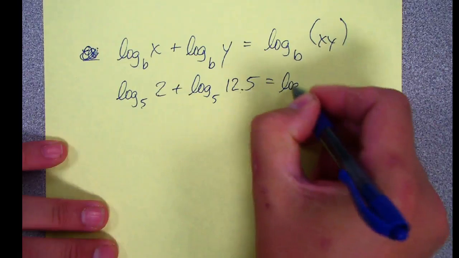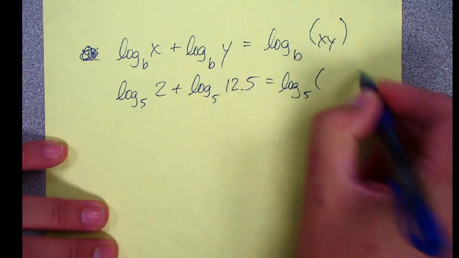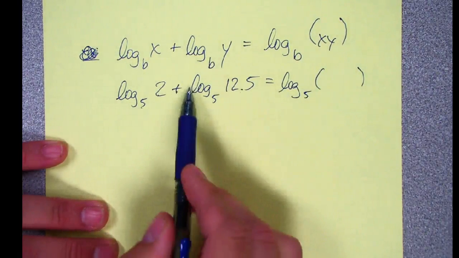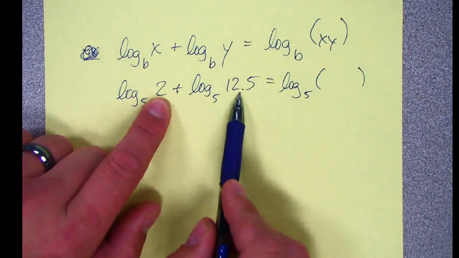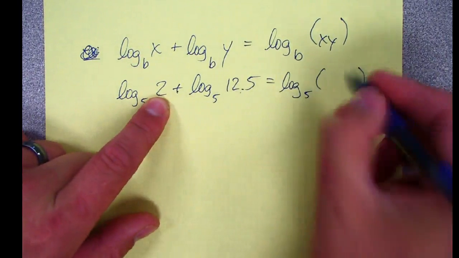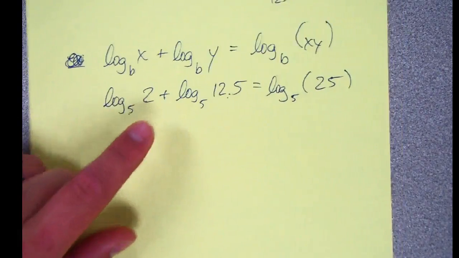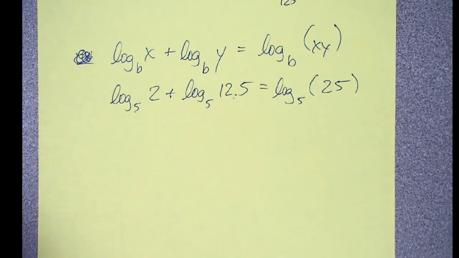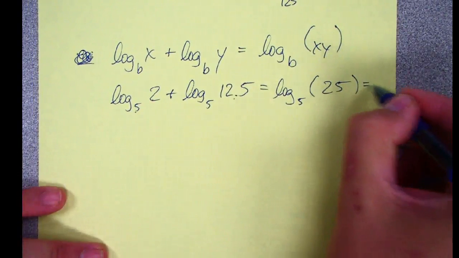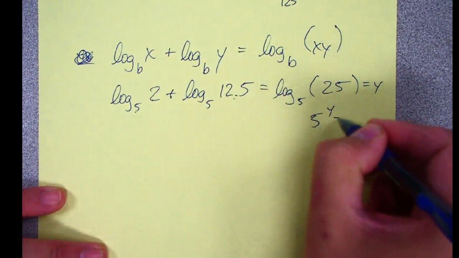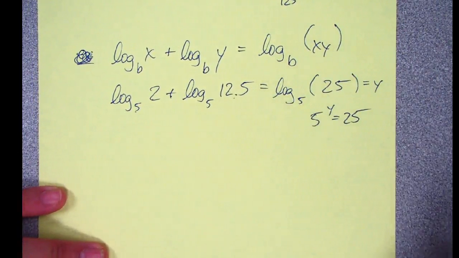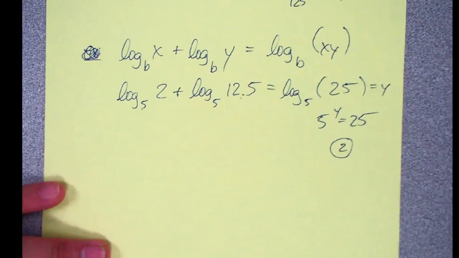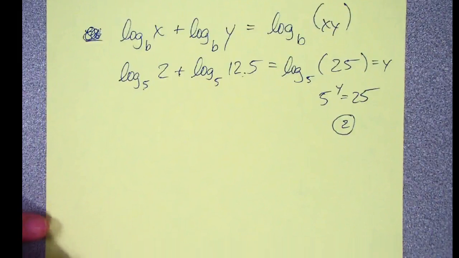But this rule says that because it's addition, I can combine these two numbers using multiplication. So 2 times 12.5 is 25. Now it's saying what's log base 5 of 25? If I set that equal to y, it says 5 to what power equals 25? And my answer is 2. So that's why these might be helpful.